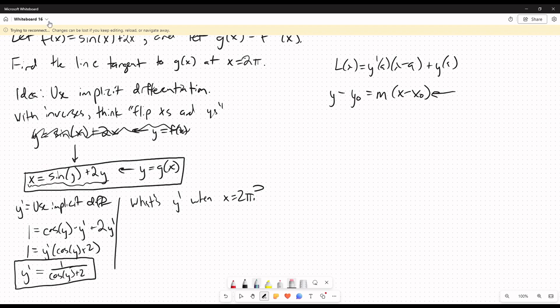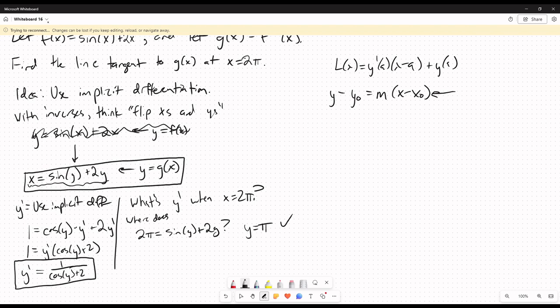So what I'm looking for is where does 2 pi equal sine of y plus 2y? You might need to do a little bit of guessing here. You can't actually solve for y here, but if you guess enough exact values, it turns out that y equals pi will do the job.